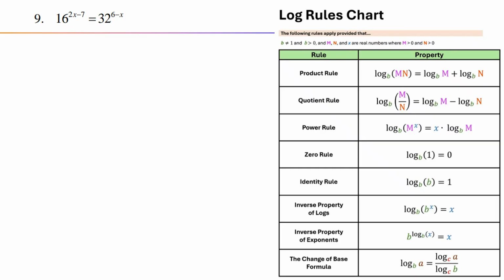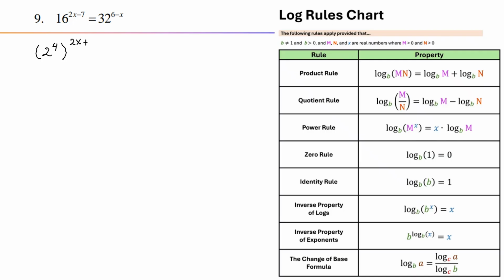Now we have 16. When we see 16, 32, automatically think about base 2. Okay, so in this case we will have 16 as 2 to the power of 4. Rewrite the exponent.